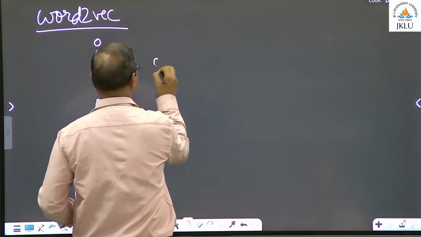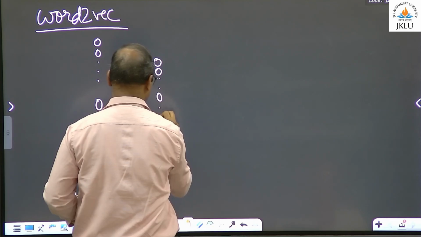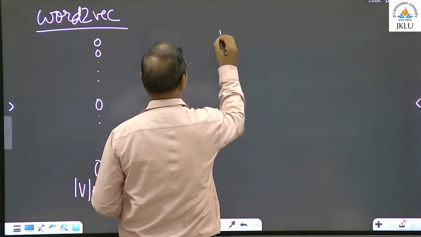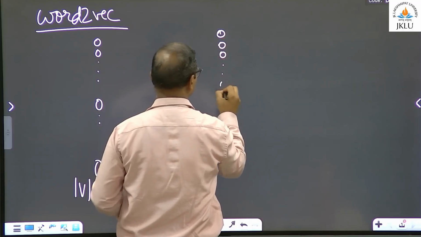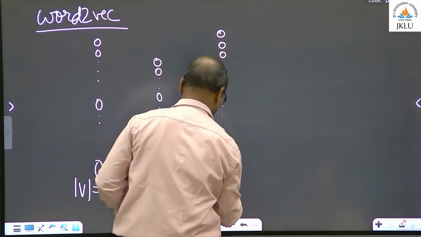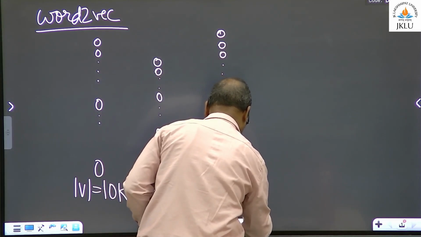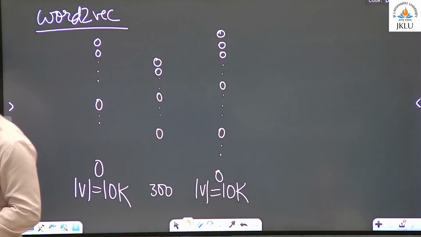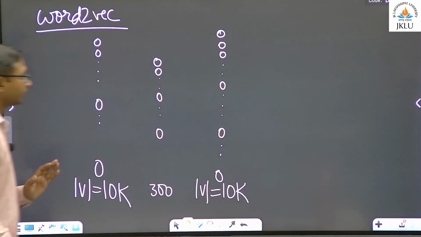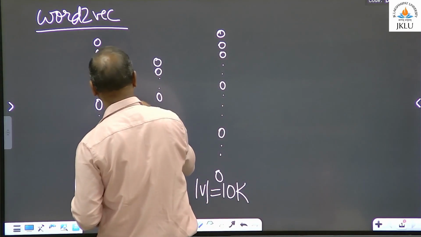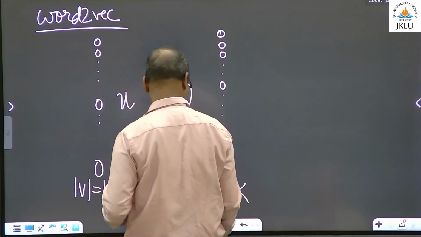And then the first hidden layer had 300 neurons, and then again the output layer had mod V equal to 10K. Okay. This is a fully connected neural network, right? And this is U for us and this is V.